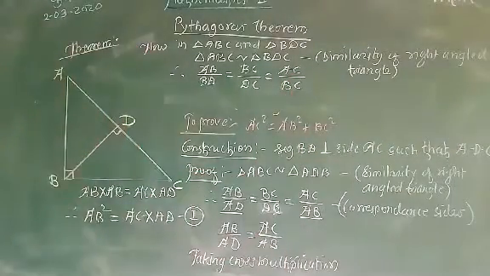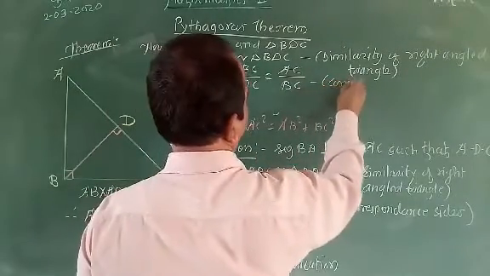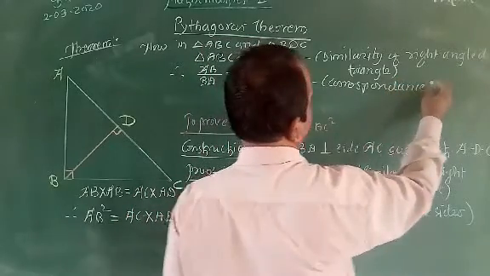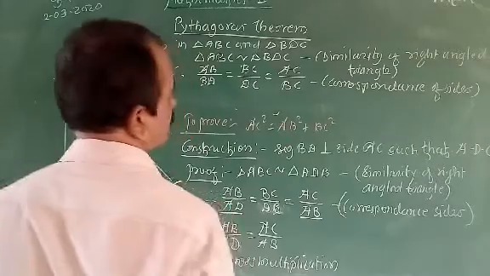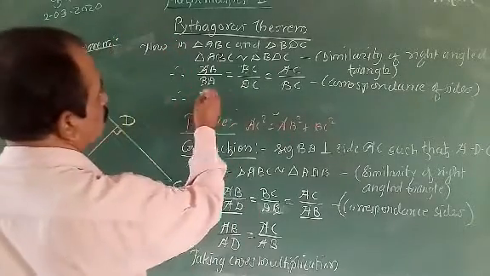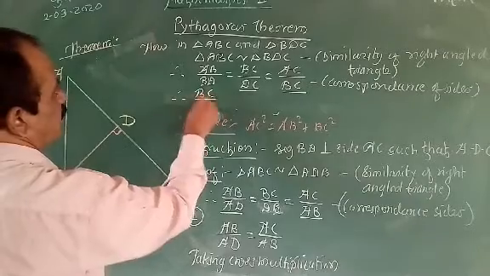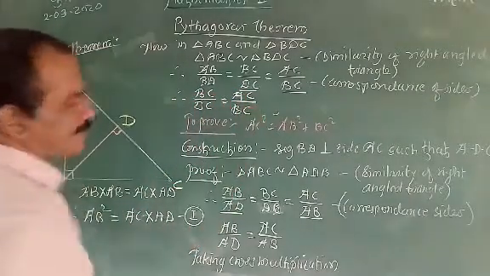We write this as the correspondence of sides. Therefore, we take the next two: BC upon DC is equal to AC upon BC.